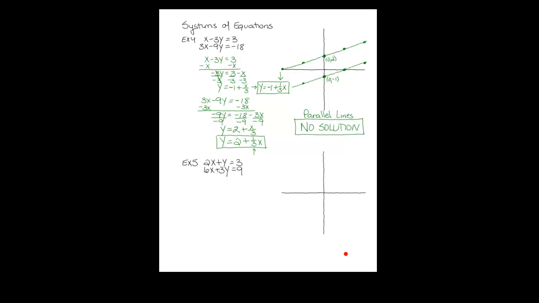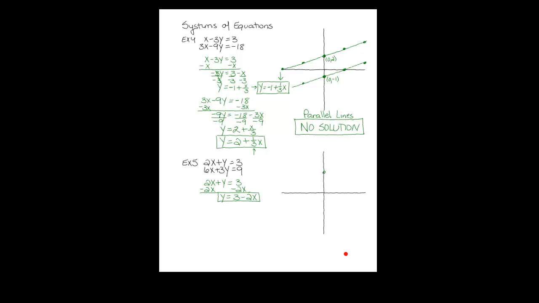This one, 2x plus y equals 3, and then 6x plus 3y equals 9. Again, solving both of them for y, we have 2x plus y equals 3. Subtract 2x. We have y equals 3 minus 2x. There it is, already in slope-intercept form.